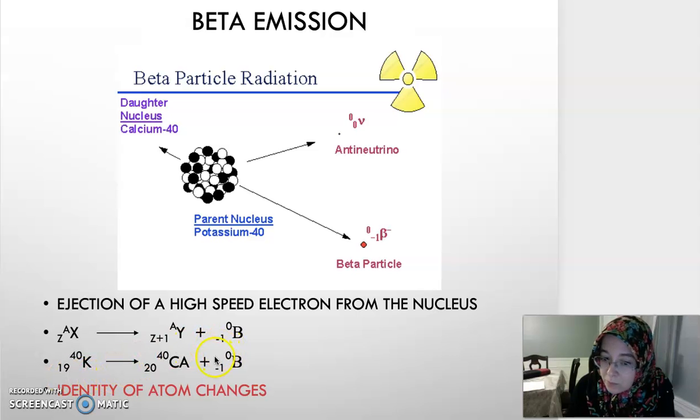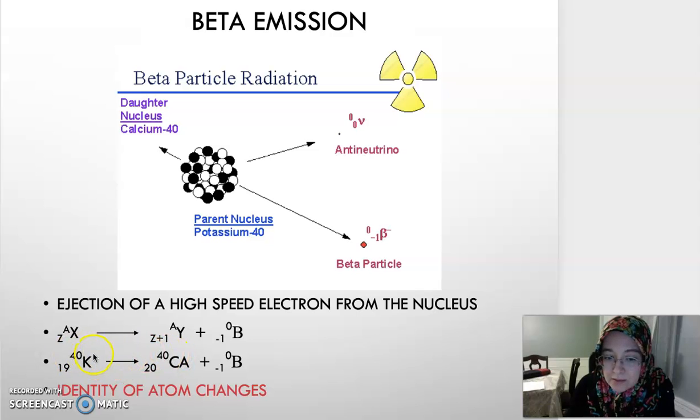When it goes through beta decay, look at this please. You have 19 at the beginning. If it goes through beta decay, it is negative 1. It means negative 1 plus 20 makes 19. That is how you figure out this 20. So the proton number is 20. 20 is calcium. If you go to the periodic table, 20 protons, you are going to find the calcium element here.